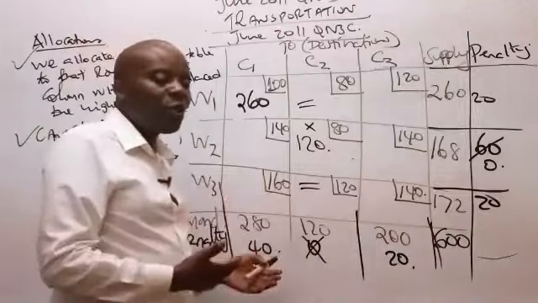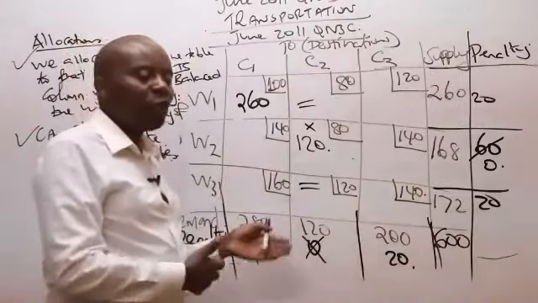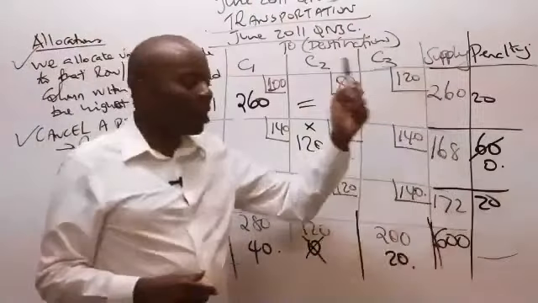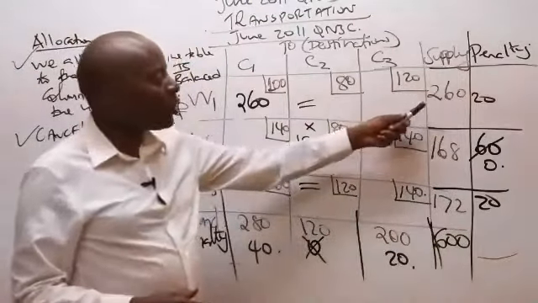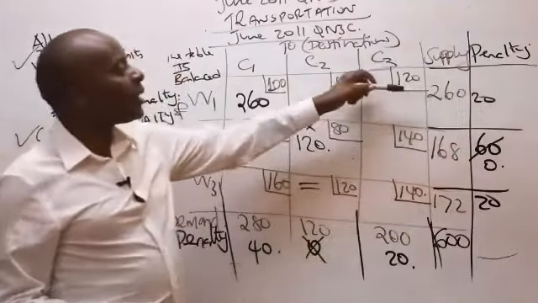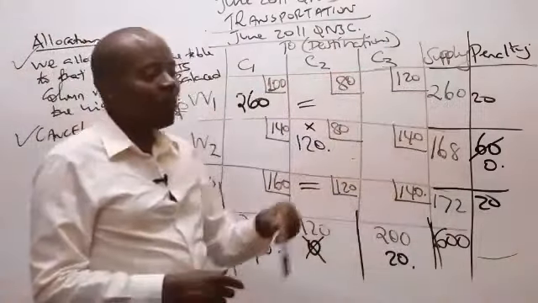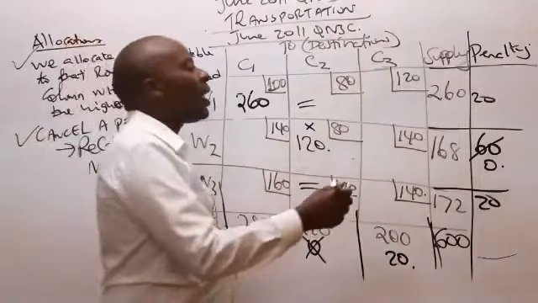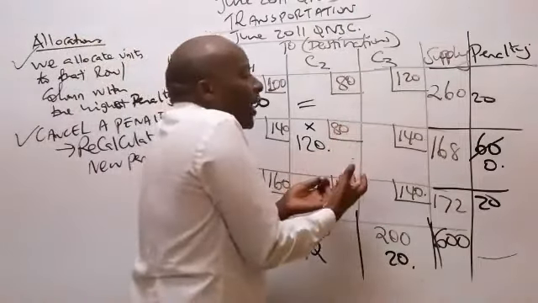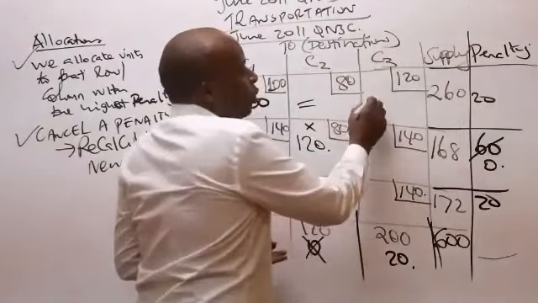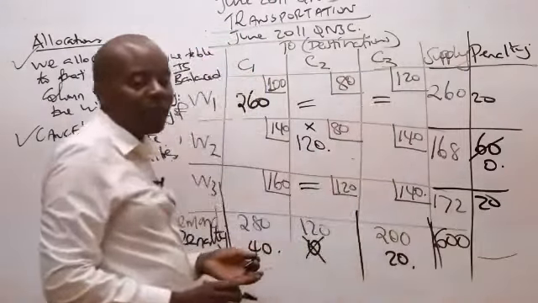Yes, I've met the row total. If I met this row total of 260, then any empty cell along the row whose total we have met will never accept units in the future, so you must block it like that.